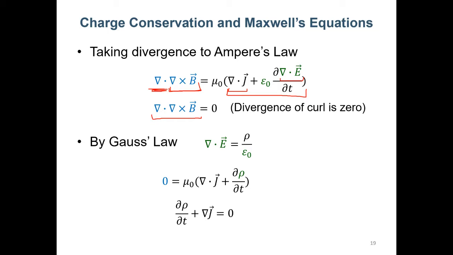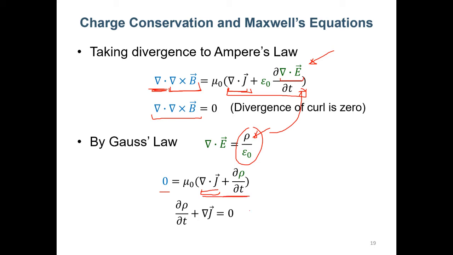And we have the divergence of J. And according to Gauss's law, we know that the divergence of E should be the charge density over epsilon 0. So we substitute it into here, and epsilon 0 cancels, so finally we have 0 equals mu 0 times, in parentheses, divergence of J plus partial rho partial t.